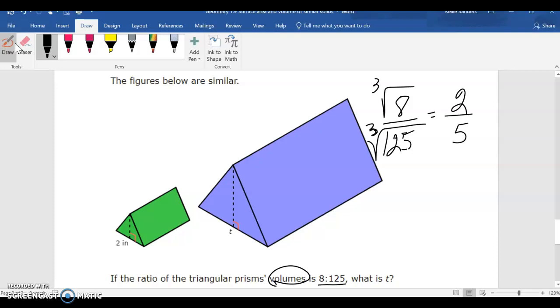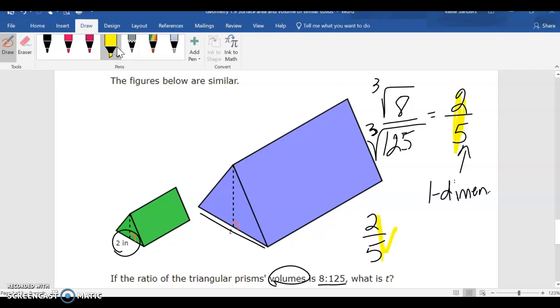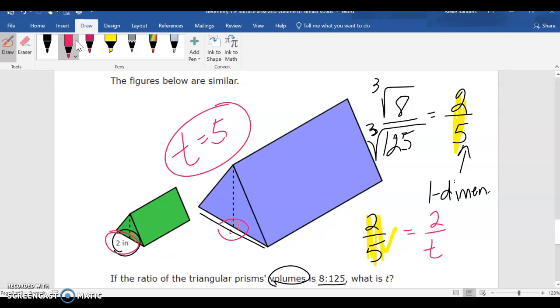So this fraction is one-dimensional. And 2 inches is to what? So 2 to 5, which is this right here, equals 2 to t, which are those right there, and t equals 5 whenever you cross multiply and divide.